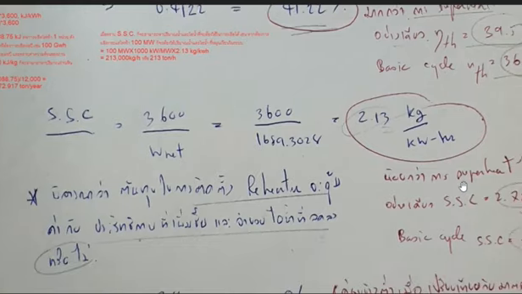For the previous example, which is superheating only, the SSC would be 2.72, meaning that we need more water, more steam to get the same amount of kilowatt hour. If we do the superheating and then also do the reheating, we get a better, lower specific steam consumption. You can see that we use less water and less steam to get the same amount of kilowatt hour.